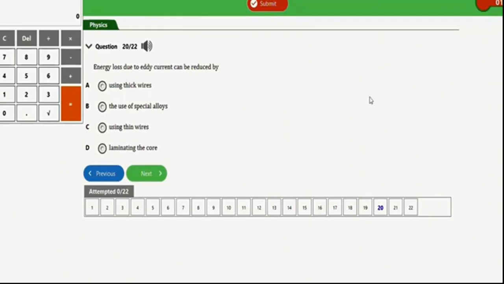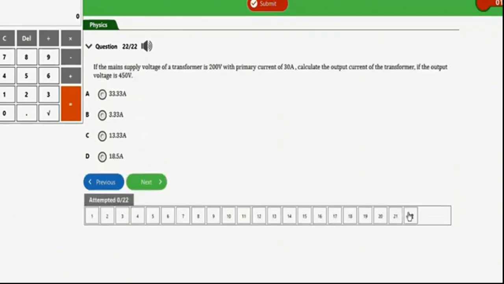So the last question before we end this class will be this one. It says if the mains supply voltage of a transformer is 200 volts with a primary current of 30 amperes, calculate the output current of the transformer if the output voltage is 150 volts.